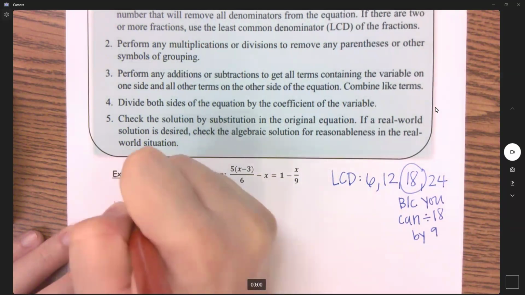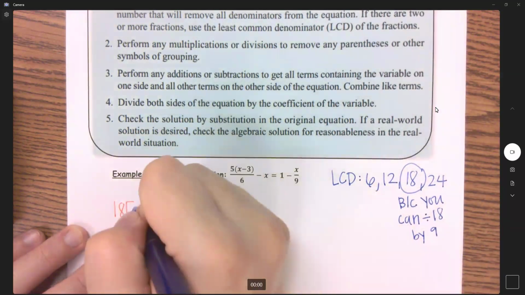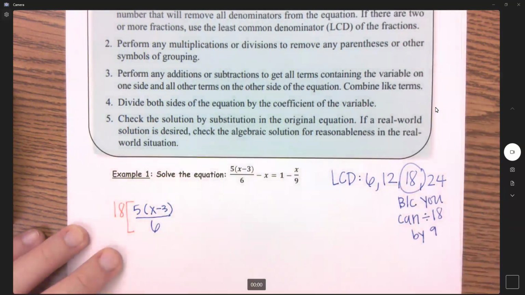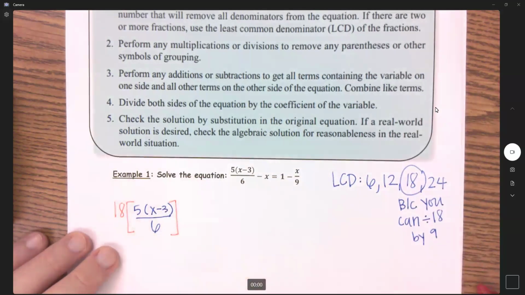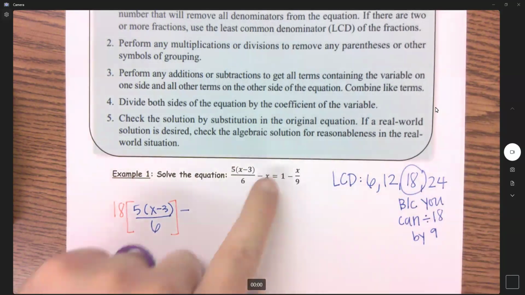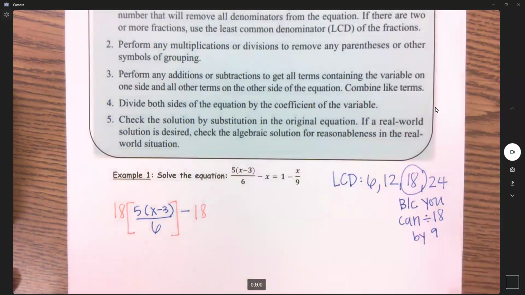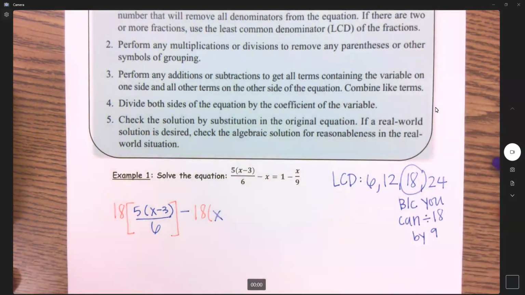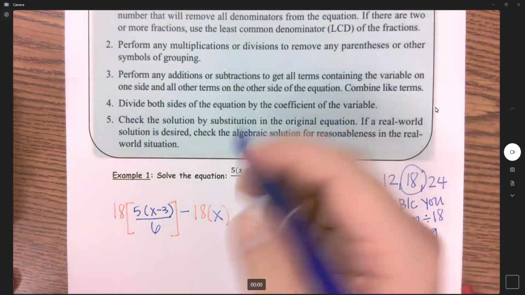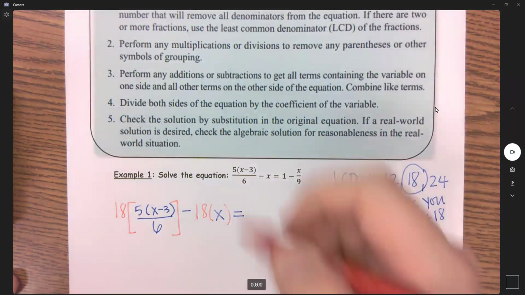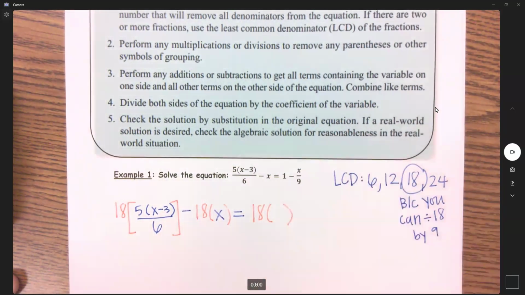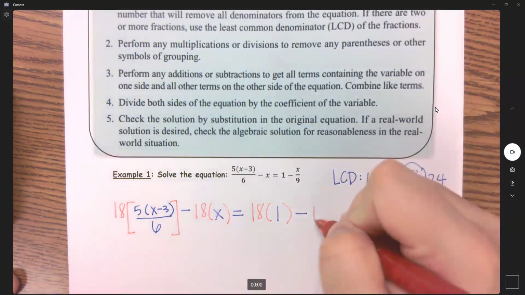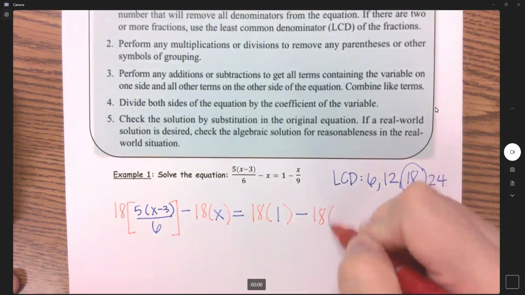So I have 18 times 5 times x minus 3 all over 6 minus, multiply this x by 18 equals, multiply this 1 by 18 and then minus 18 times this one right here.